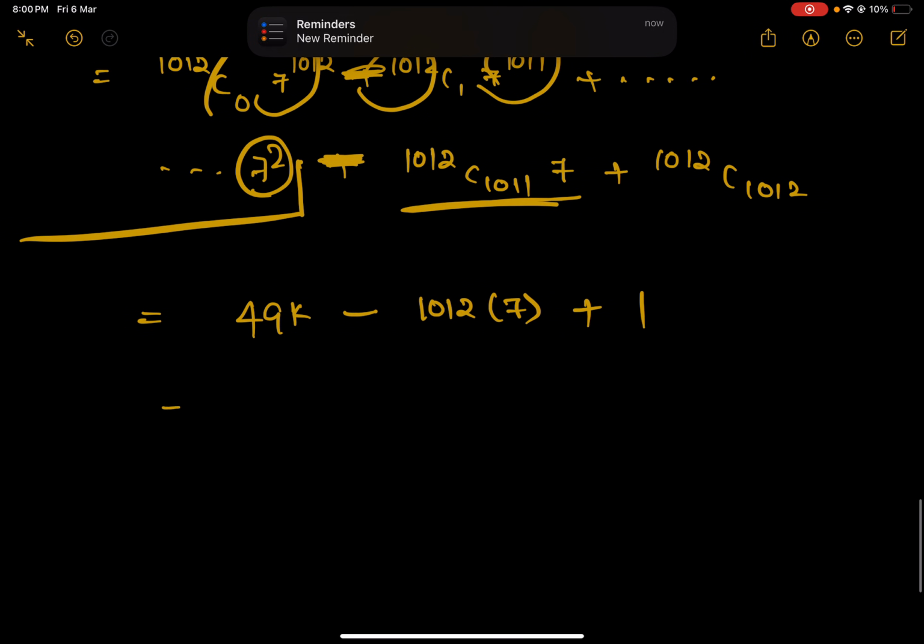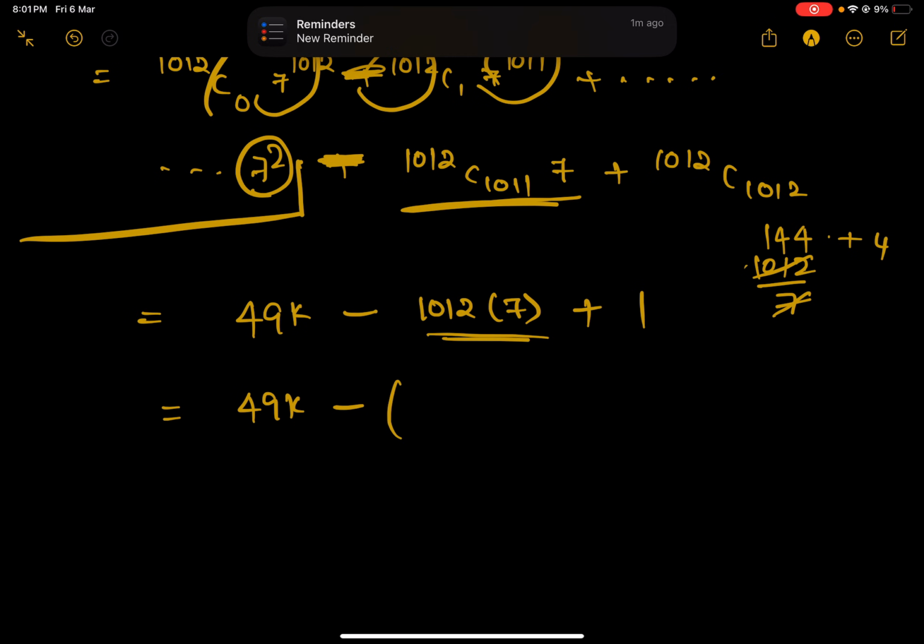Now we have to see what this is. So this can be written as 49k minus 1012 times 7 plus 1. 1012 divided by 7: 7 4s are 28, 32, 7 4s are 28, remainder 4. So 1012 can be written as 7 into 144 plus 4, multiplied by 7 plus 1.